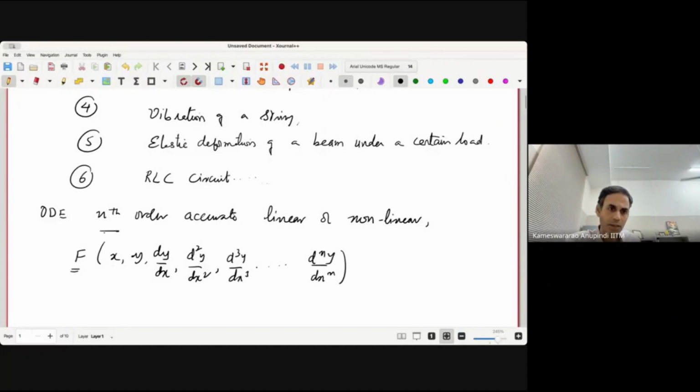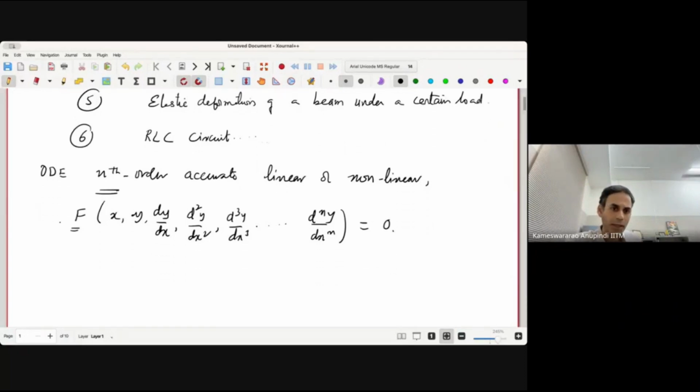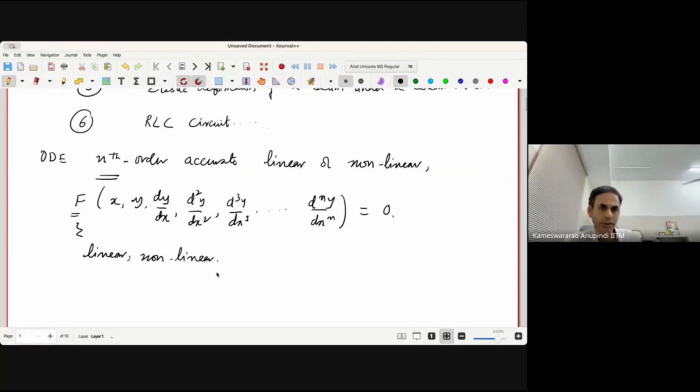We said this is nth order, so the derivatives are up to nth order, equal to 0. This particular f can be either a linear function or a nonlinear function. In this, x is the independent variable, and y is your dependent variable.